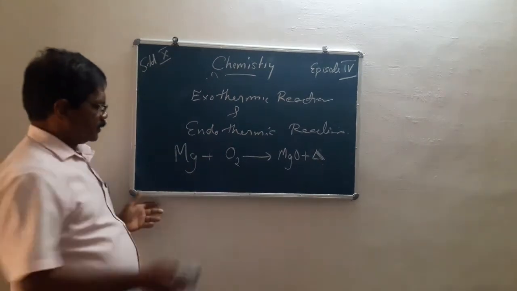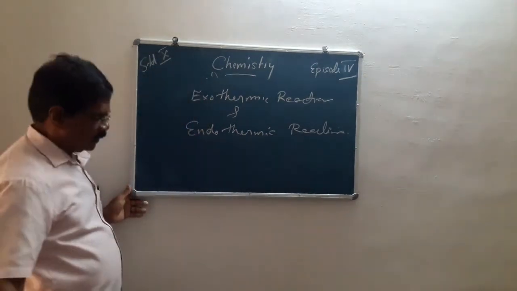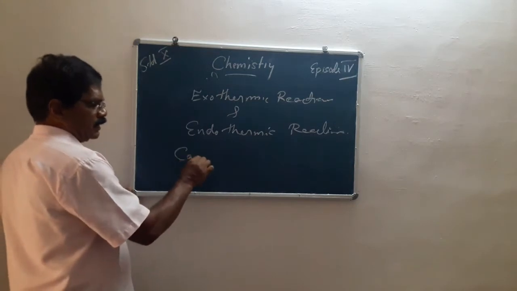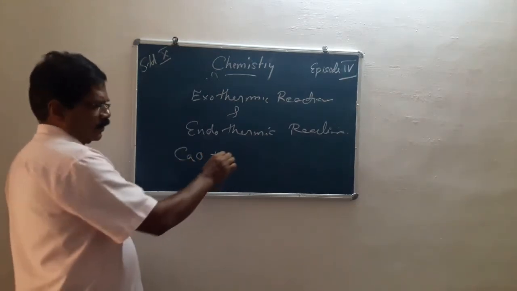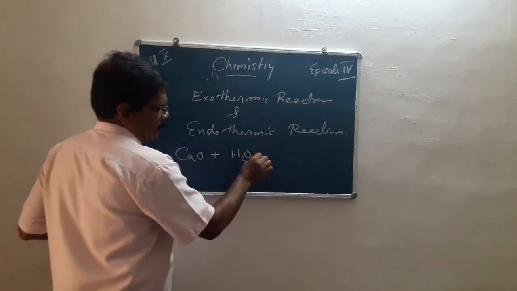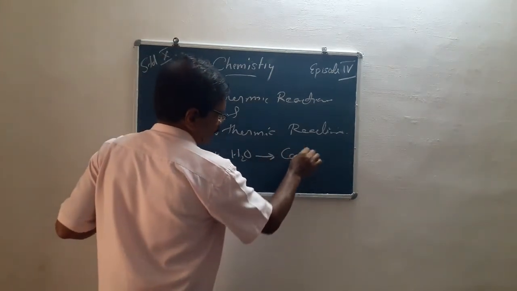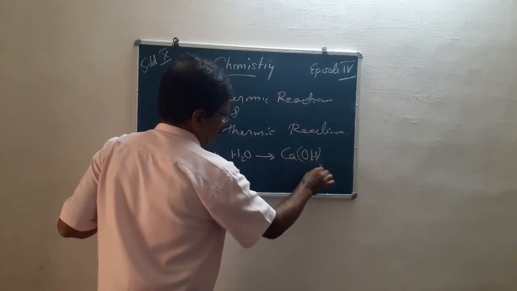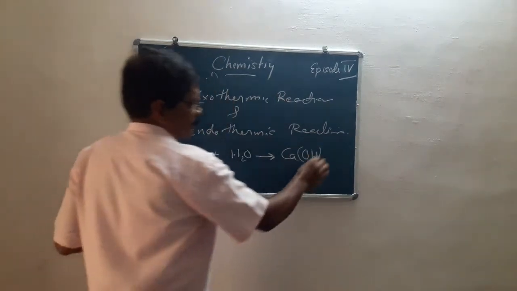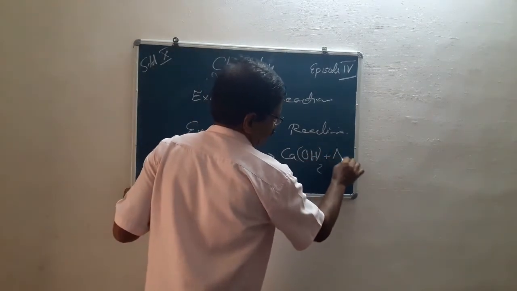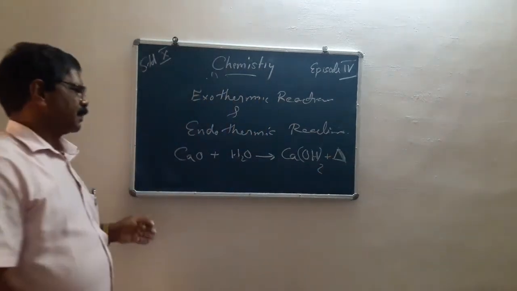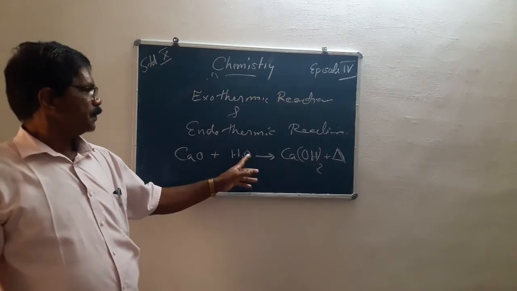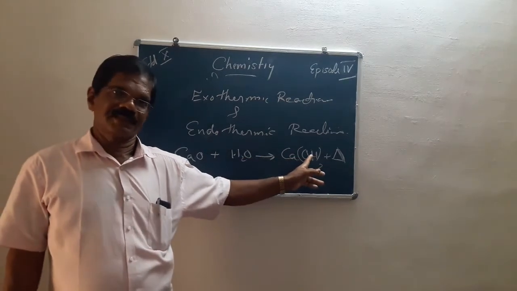Another example is when we add water to calcium oxide. Calcium hydroxide is formed, and at the same time heat energy is also liberated. These are examples of exothermic reactions.